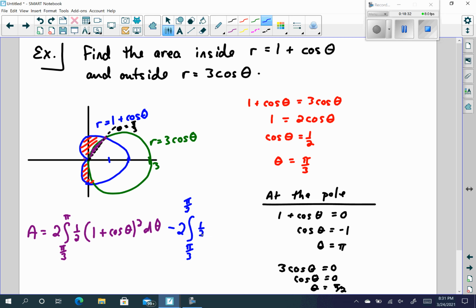But the function we're going to use here is the 3 cosine theta squared d theta. Because if we're on the circle from pi over 3 to pi over 2, that's what's going to follow this green back to the pole here. So that would be our integral. And what's really helpful is if you do make the table off to the side of plotting these, you'll be able to see these theta measures show up a little better.